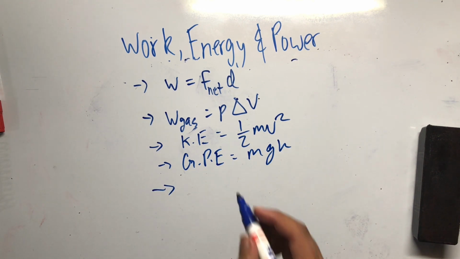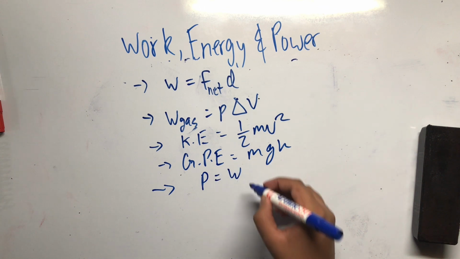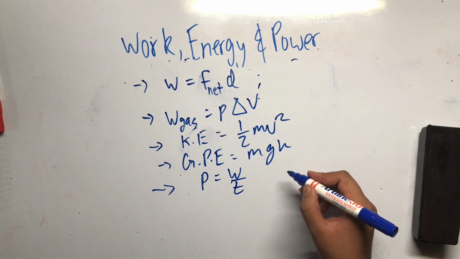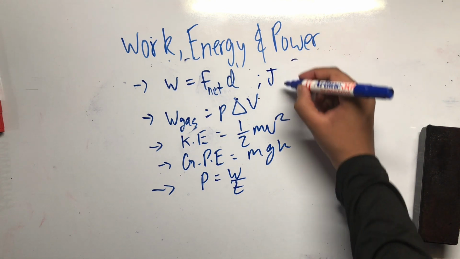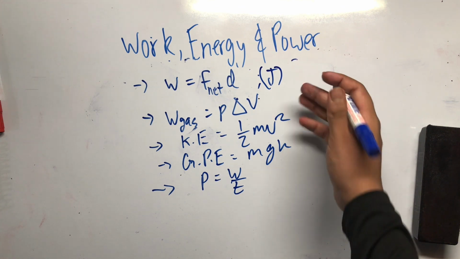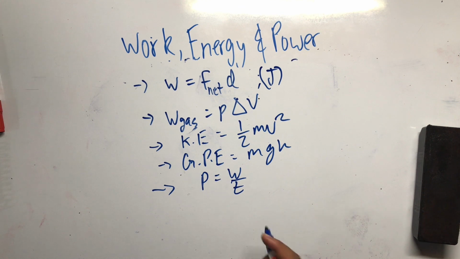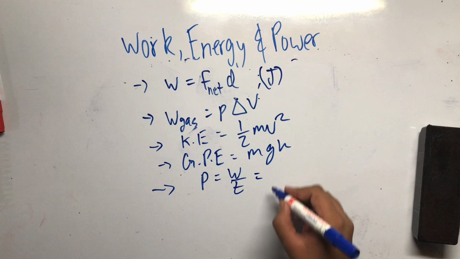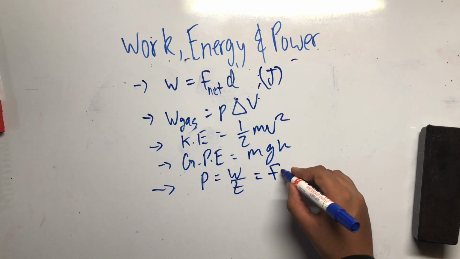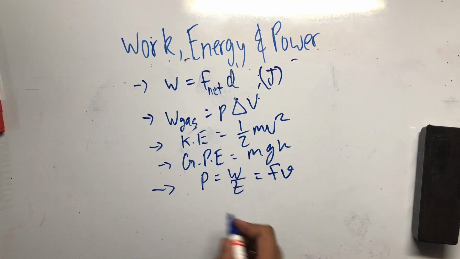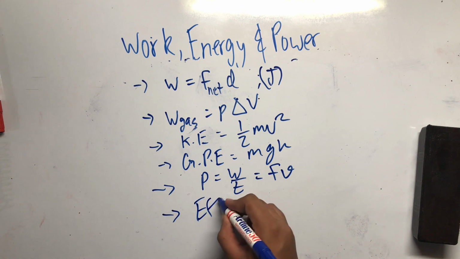The power is equal to the rate at which the work is done, or work done upon time. So work is measured in joules. So you can try and derive the derived unit of work, which is 1 joule. So power is equal to the rate at which the work is done, which is also equal to your force times the velocity of the particular object. So here the force is the net force acting on the particular object.